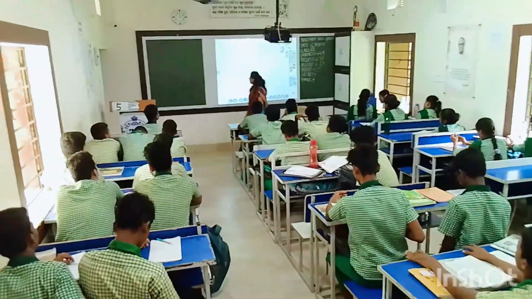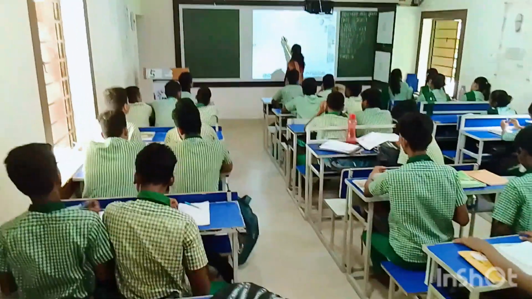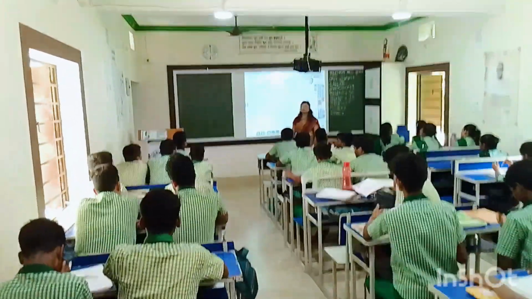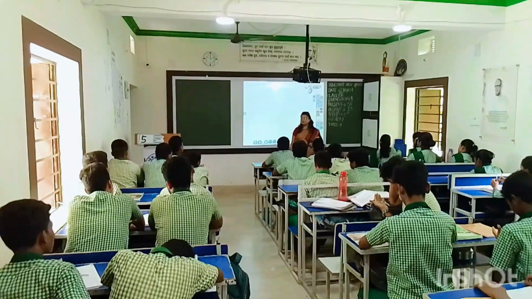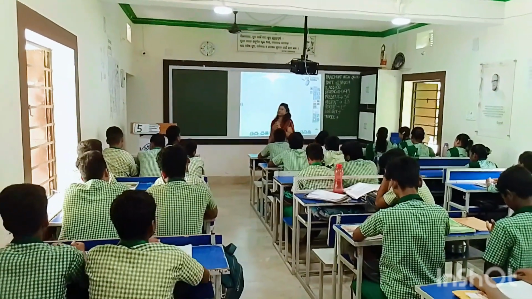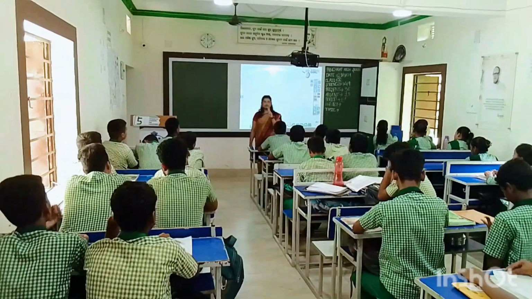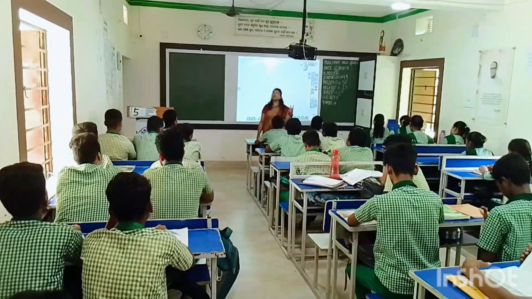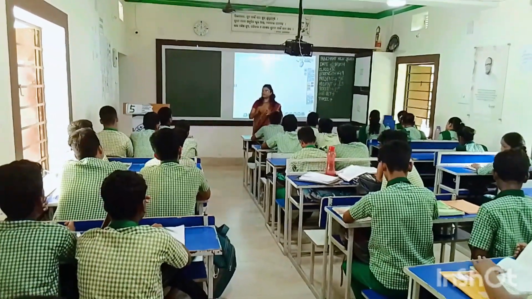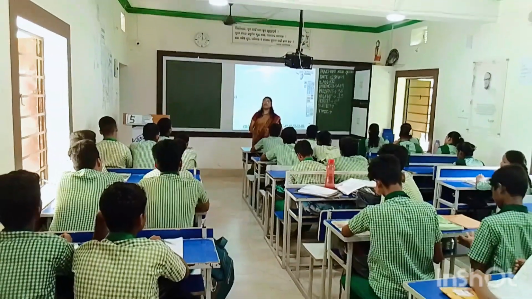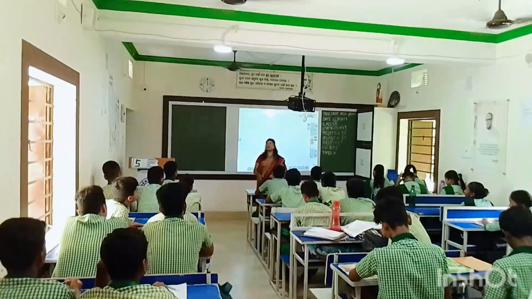Okay. Third rule. You can say the third rule is about two different subjects. Two different subjects or two different nouns joined by a word convey a single idea or belong to the same category.